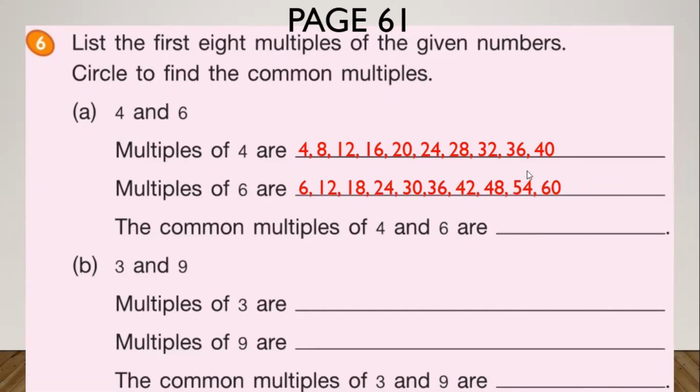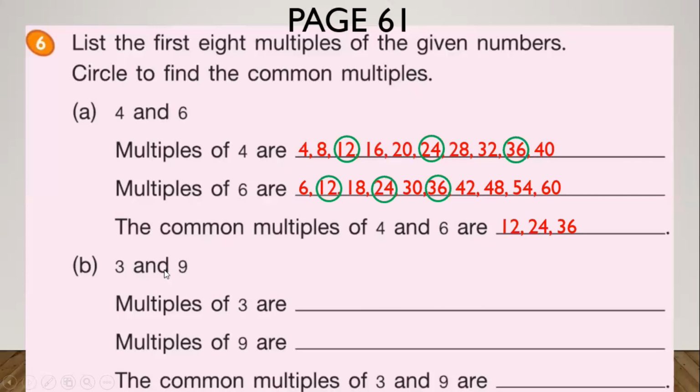Okay, you can stop at 32. Next, the common multiples of 4 and 6. What are the numbers that 4 and 6 have both? Start from the smallest. We have 12, 24, and 36. So you will write your answer on the blank.